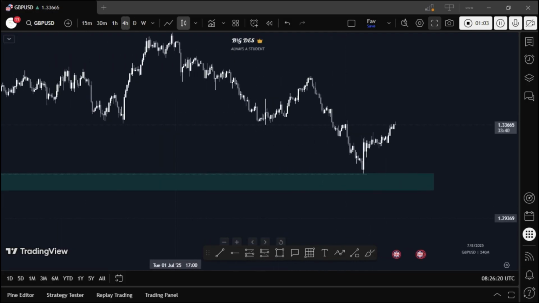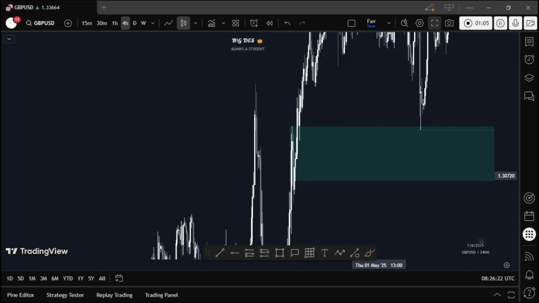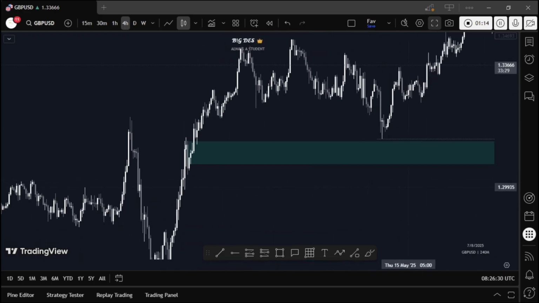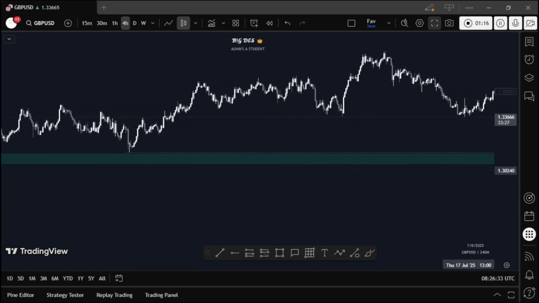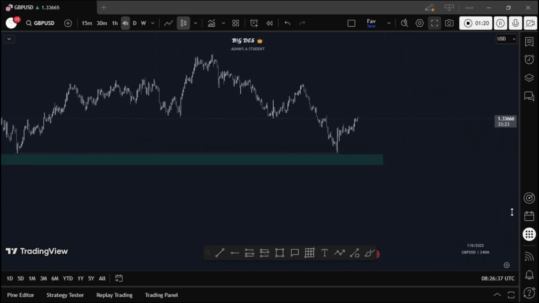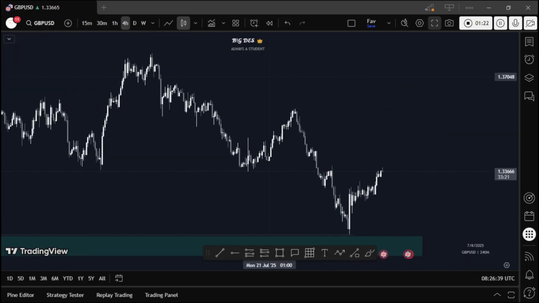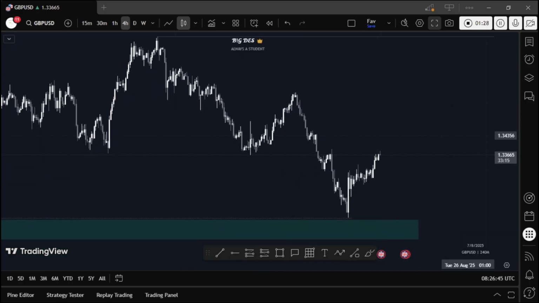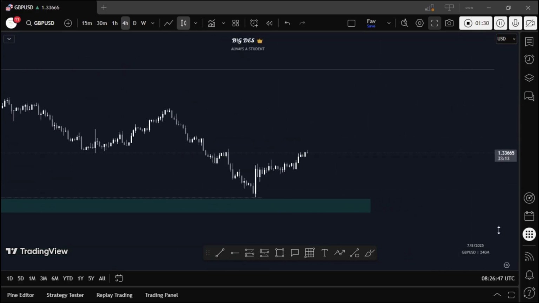So I would like to see price tap into it. Let's refine it. This is it. So I would like to see price tap into this demand right here, taking out these lows for a continuation. And this overall, after you've had a tap, will be my target.